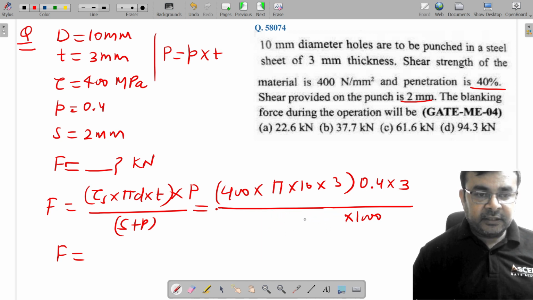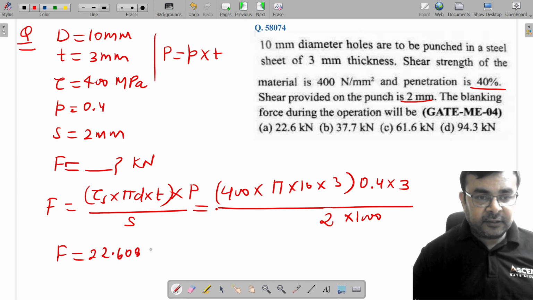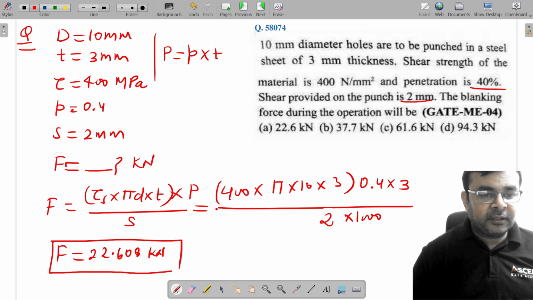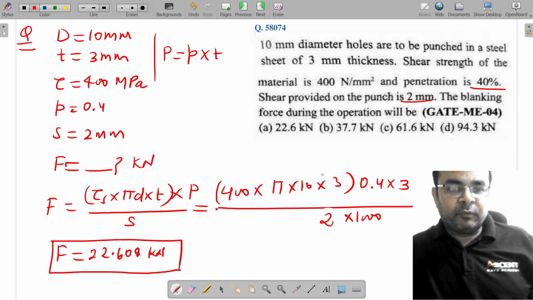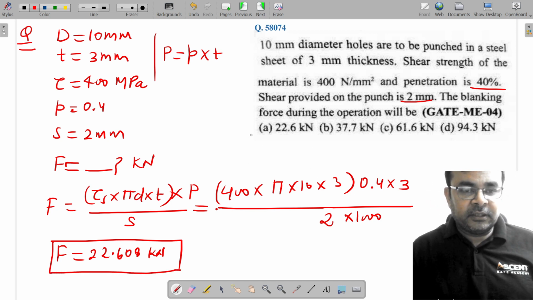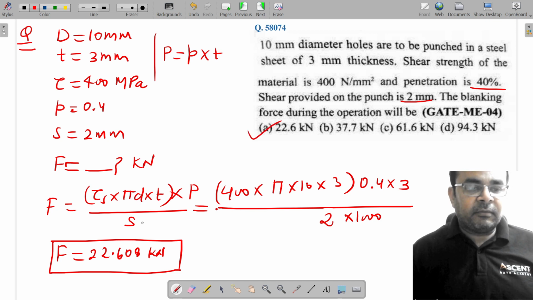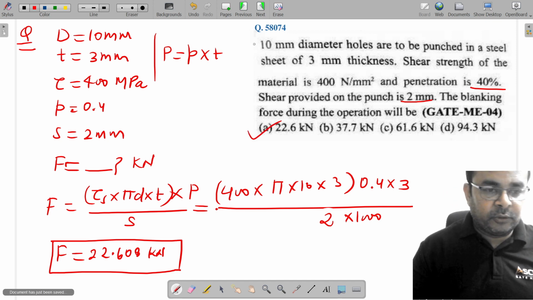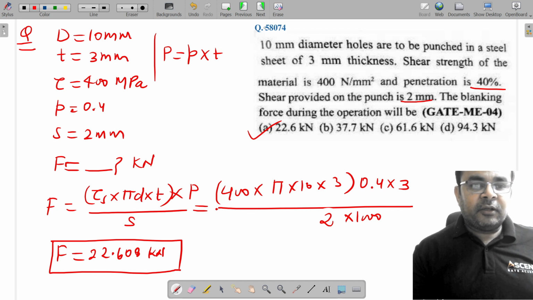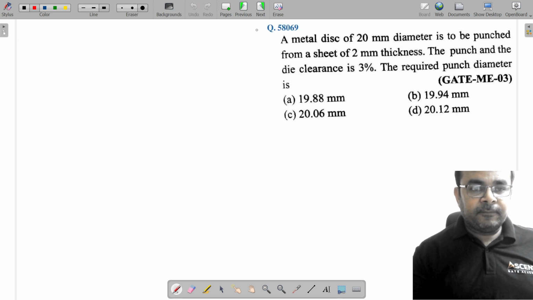So instead of writing this, simply we use only S, not P. Correct? So S is nothing but 2. Once you use this, we get 22.608 kilonewton. If you put P in the denominator, the answer will be 14, which is not available in the options. That's why I'm choosing this formula. Otherwise, S plus P is the right formula. Yes or no? So according to this, the correct answer is option A.